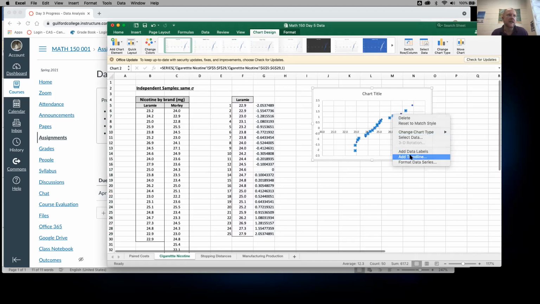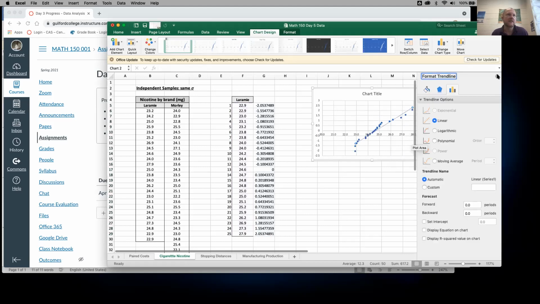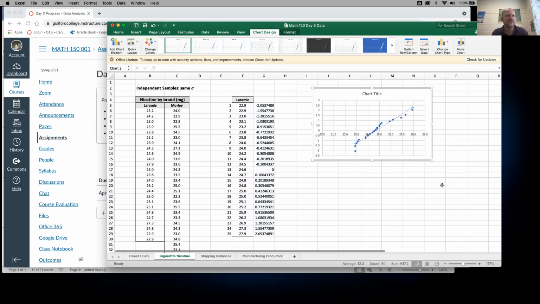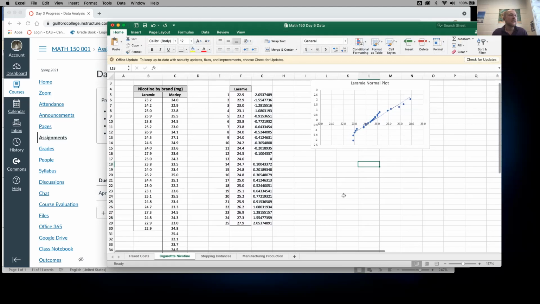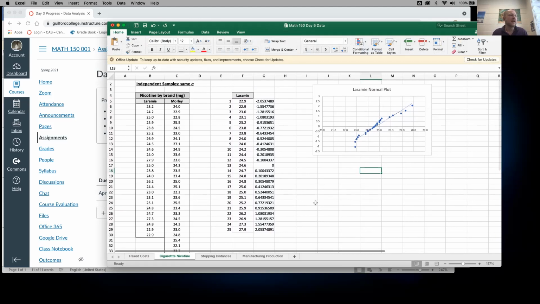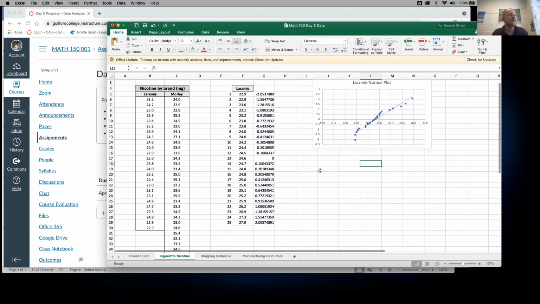And if I add a trend line to it, it's not very normal, but I'm going to change my chart title here to say Laramie normal plot. And then I'm going to go through and do the exact same sorts of things with the Morley part, okay?